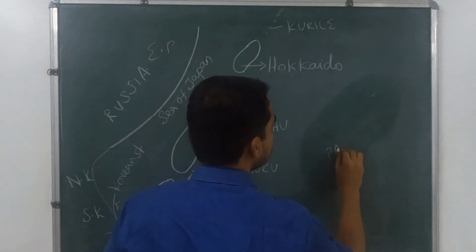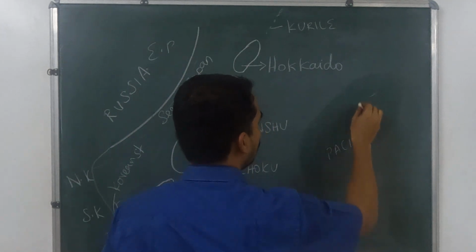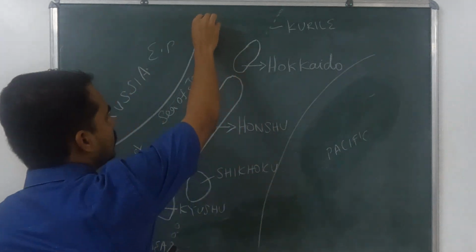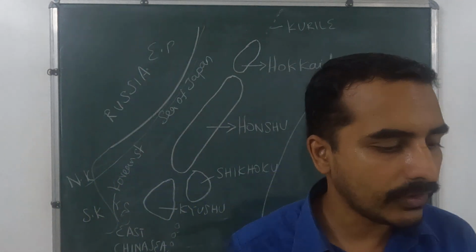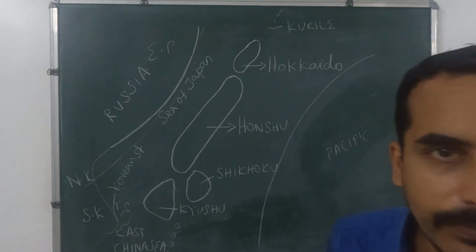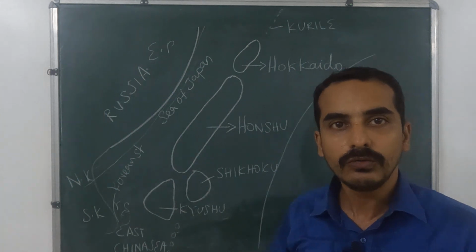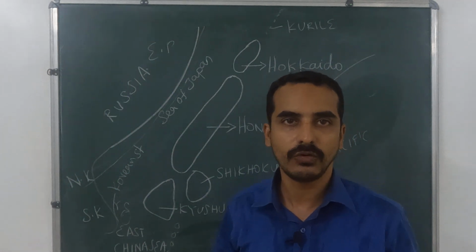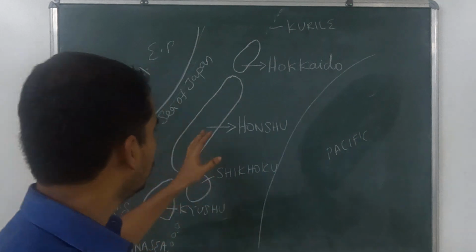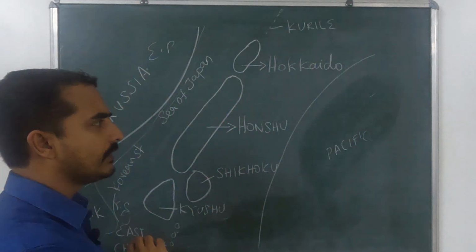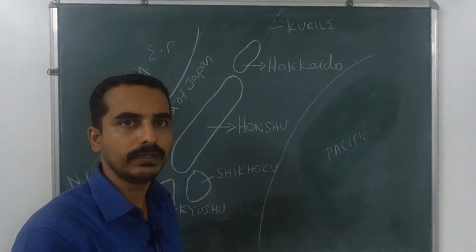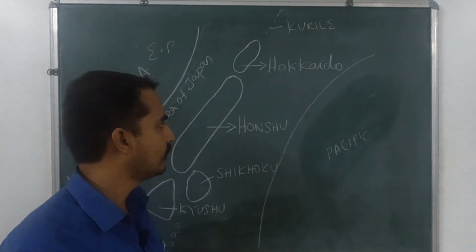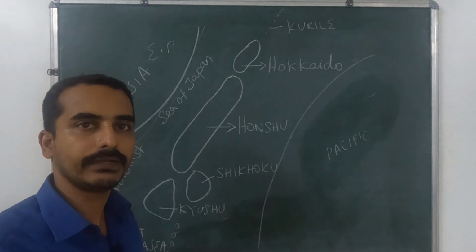So it is in the convergence zone of the Pacific plate and the Eurasian plate. Due to the plate tectonic movement and the convergence plate boundary, the Japan region is prone to earthquakes, volcanoes and tsunamis. Many active volcanoes are present in the Japan region, and it is one of the parts of the Pacific Ring of Fire.